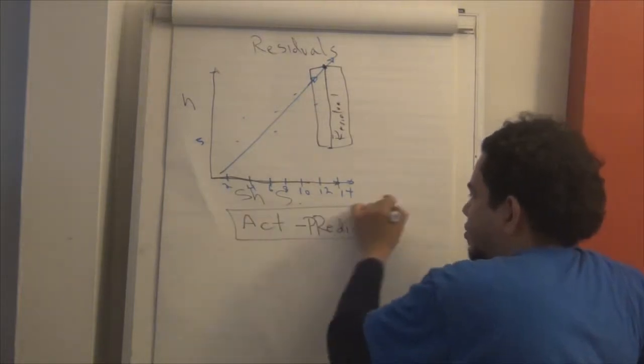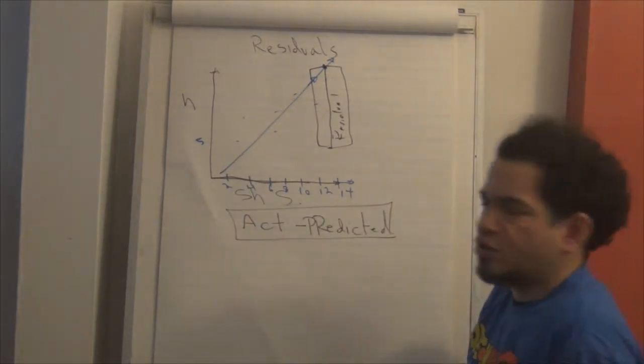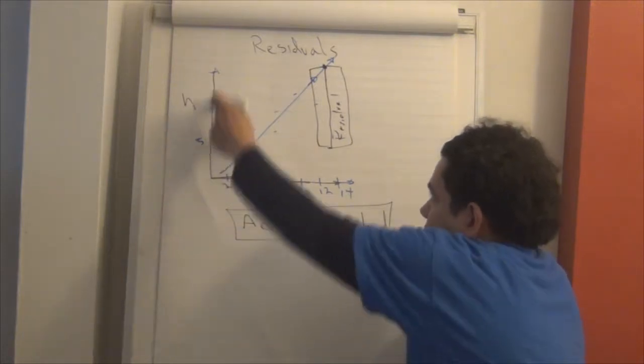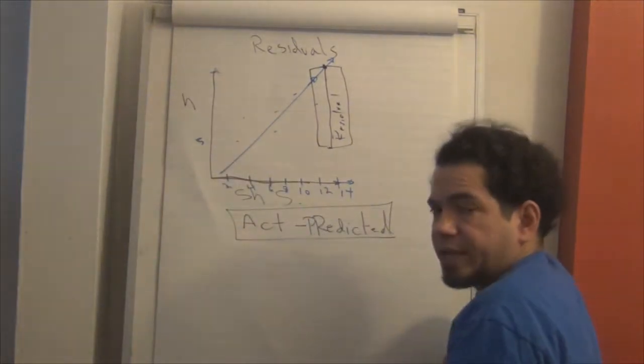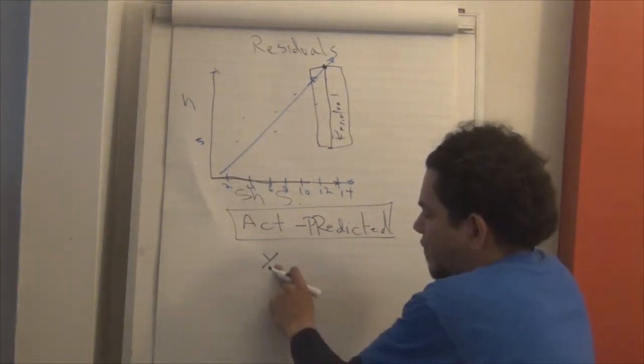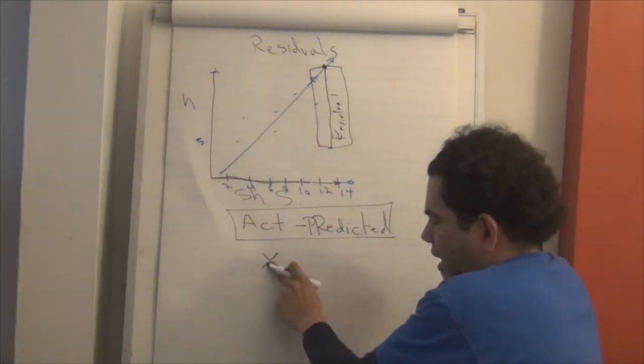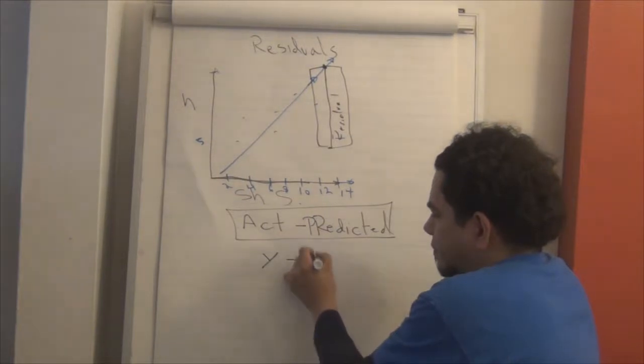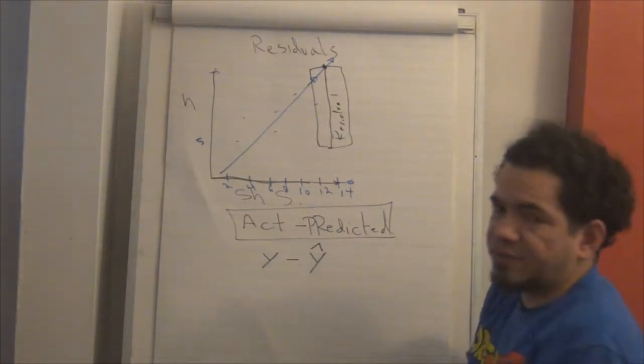That's what your residual is. The actual value will usually be on the y-axis, so it is the actual value of y minus the predicted value of y.